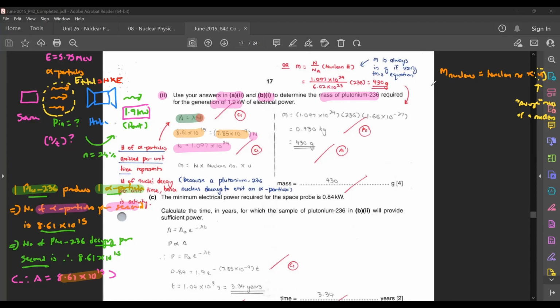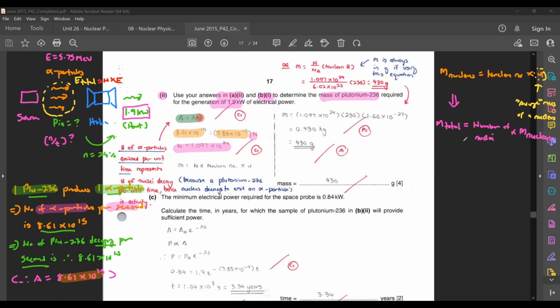So this is the mass of your nucleus. Now from here, if you want to get the total mass of a sample, you would take the number of nuclei multiplied with the mass of a nucleus. If you already found out the mass of the nucleus, you take the number of nuclei inside the sample, you multiply them together, you're going to get the total mass.